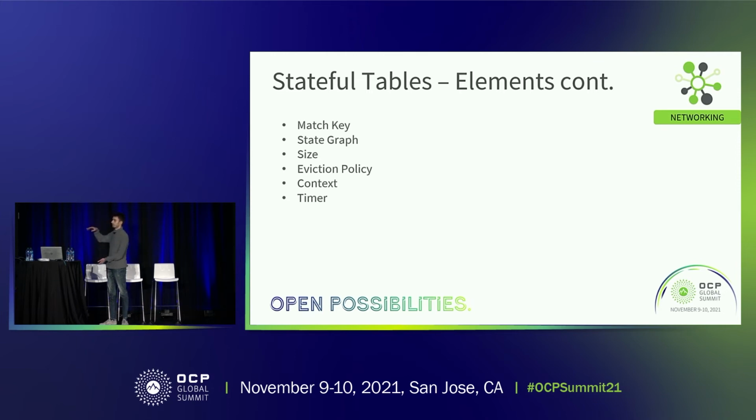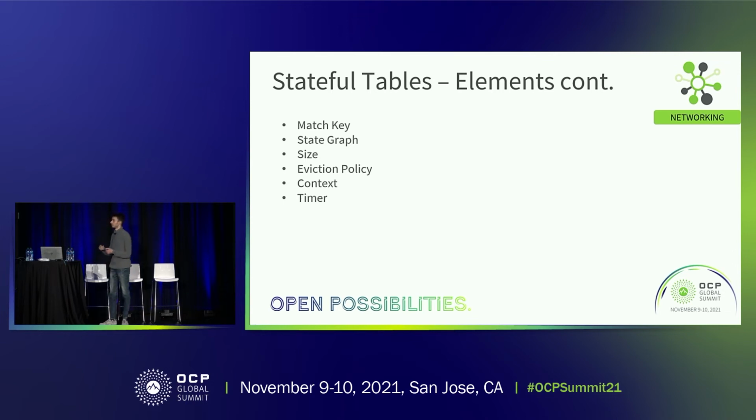Then, since we have a table that occupies space in the memory of our network device, we need to define a size for it, so we will know exactly how many resources those entries will occupy.